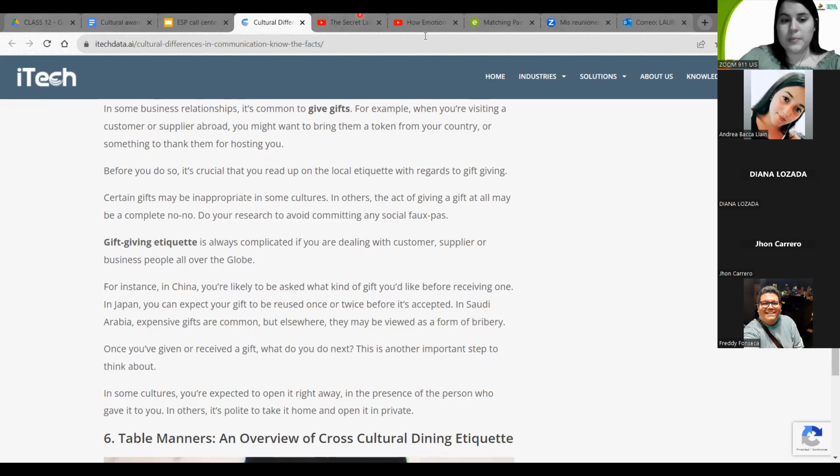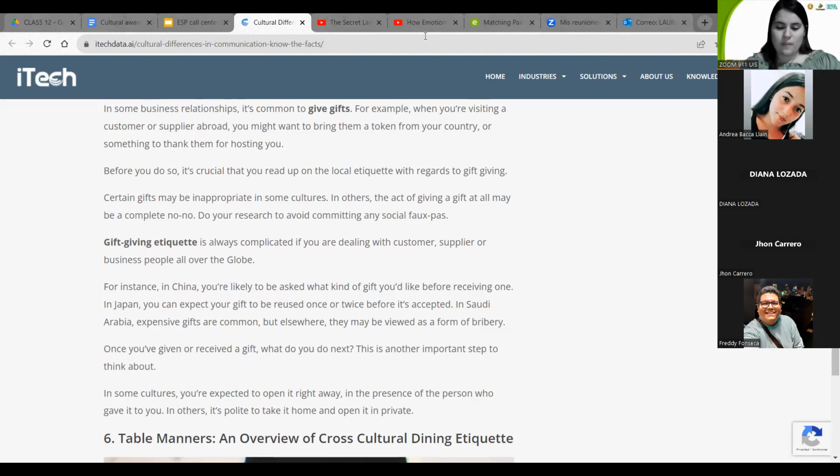Do your research to avoid committing any social faux pas. Gift giving etiquette is always complicated if you are dealing with customers, suppliers, or business people all over the globe. For instance, in China, you're likely to be asked what kind of gift you like before receiving one.